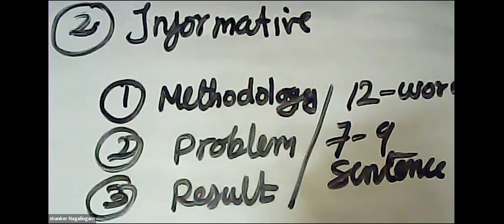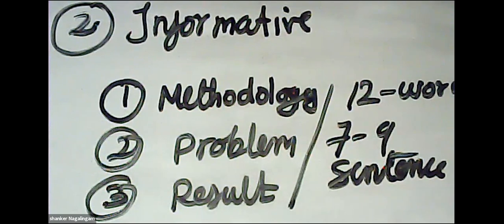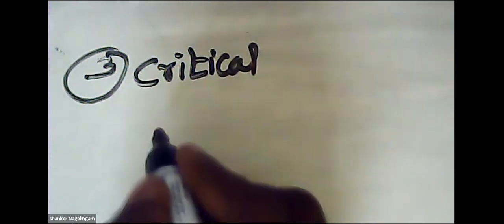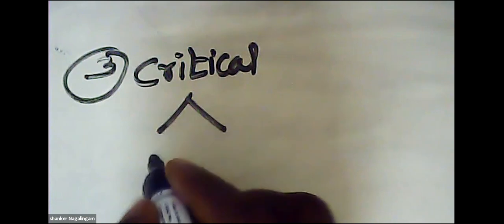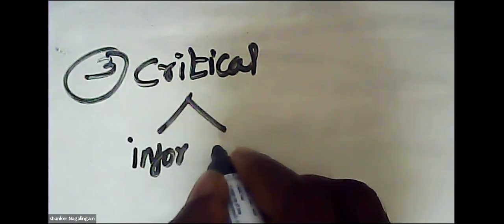And the third type is the critical abstract. The critical abstract can be either informative or descriptive.